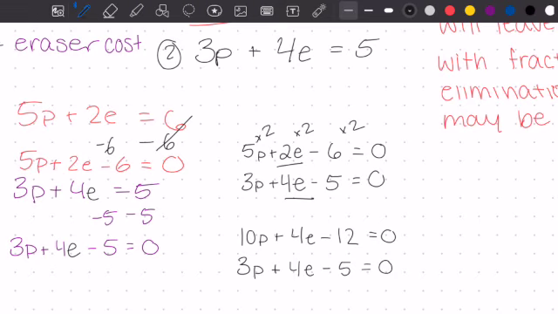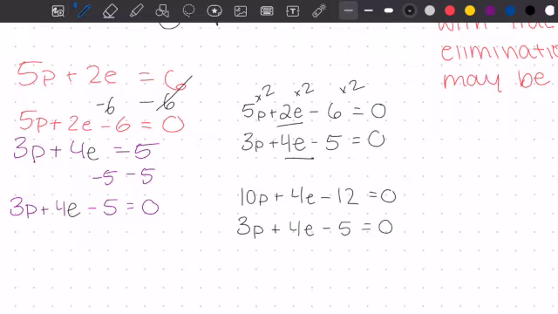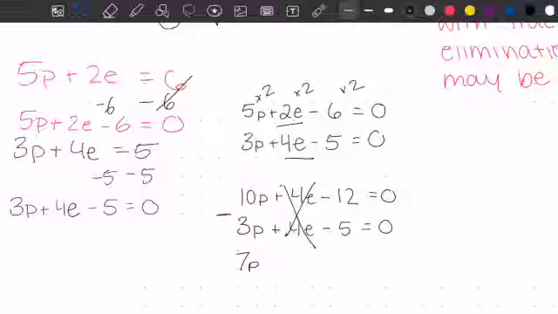Okay. Following so far? Yes? What I'm going to do, both of those are positive, so I can just do subtraction right away. So 10p minus 3p is 7p. 4e minus 4e is 0, so those cancel each other out. And then negative 12 minus negative 5 is what?